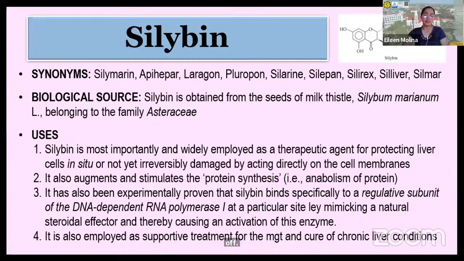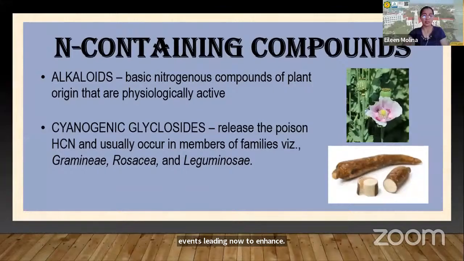Consequently, the synthetic rate of the ribosomal RNA is increased considerably, thus leading to an enhanced formation of intact ribosomes that would ultimately give rise to an increased protein synthesis. So again, it is a supportive treatment for the management and cure of chronic liver conditions.